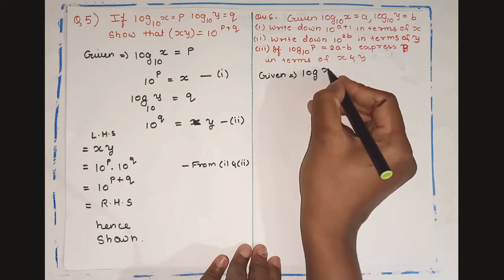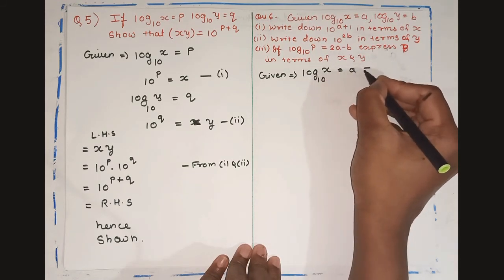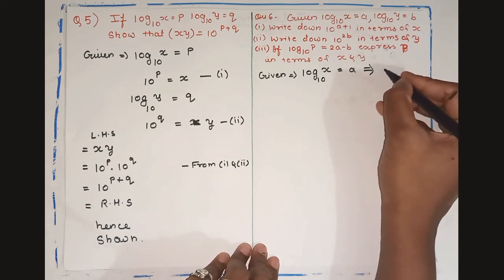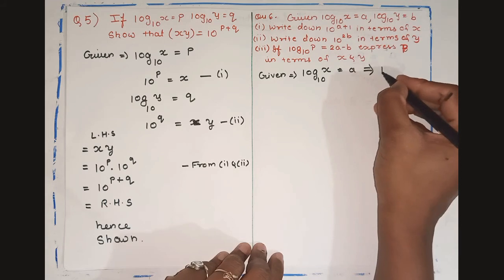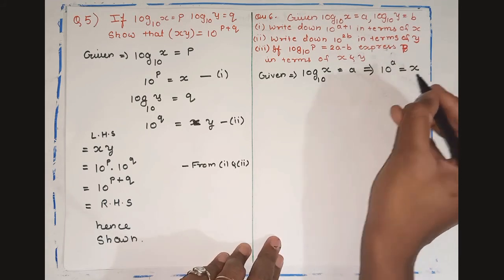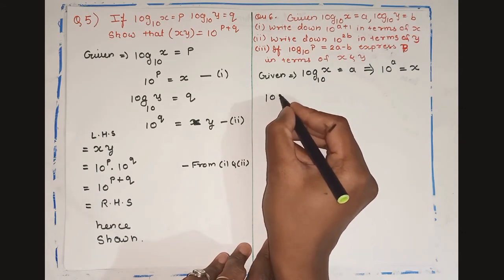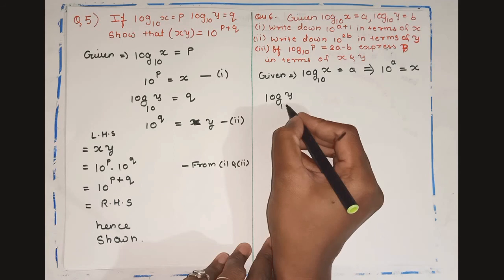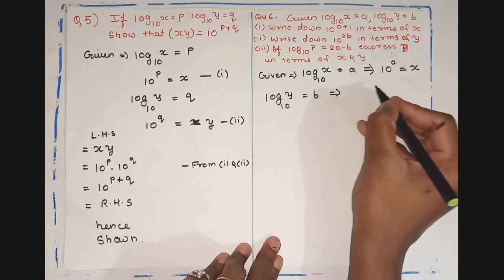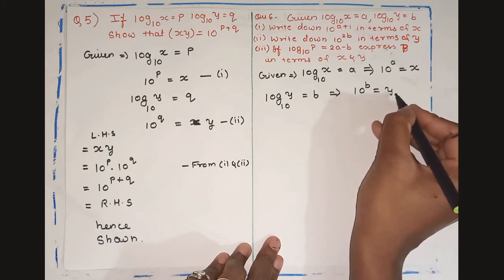So log of x to the base 10 is equal to a implies 10 to the power a equals x. Then the second term: log of y to the base 10 equals b, which implies 10 to the power b equals y.